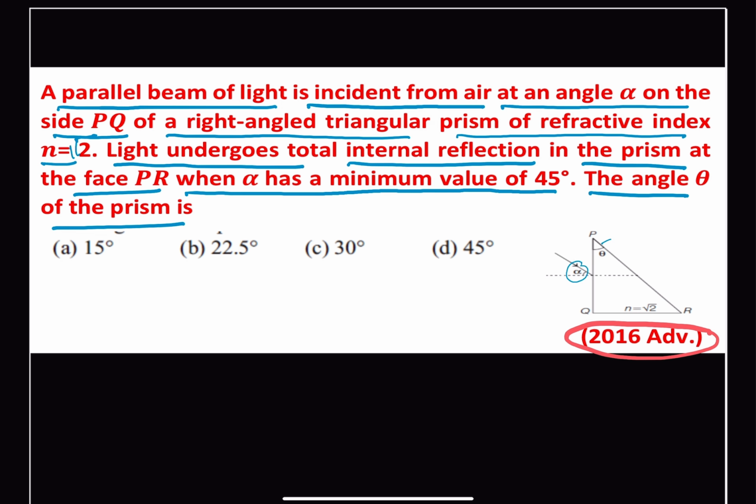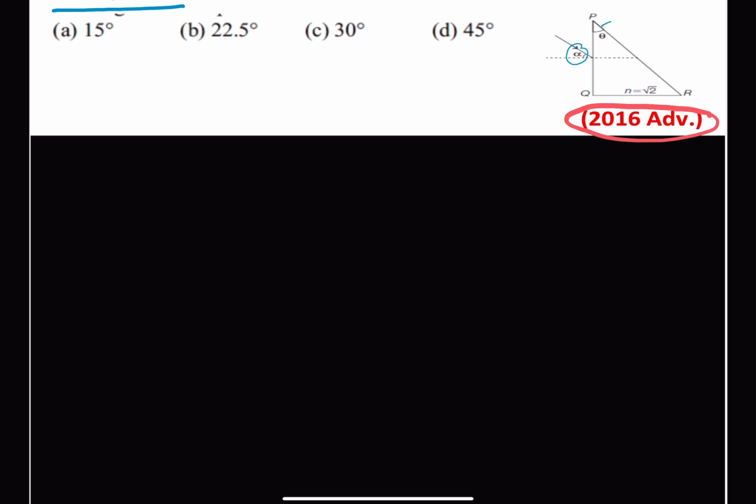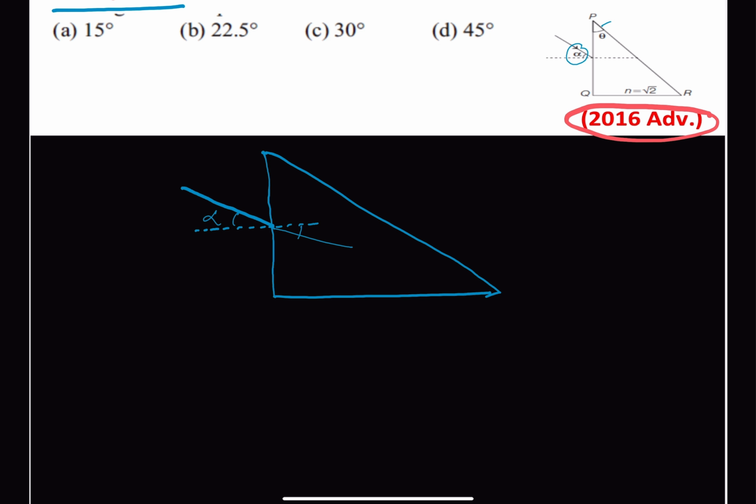So we can just draw an approximate figure for that. This will be our normal, so this is our alpha, and this will be our refracted ray. Let us suppose the angle is R1 and it strikes somewhere here, and the normal at this point.